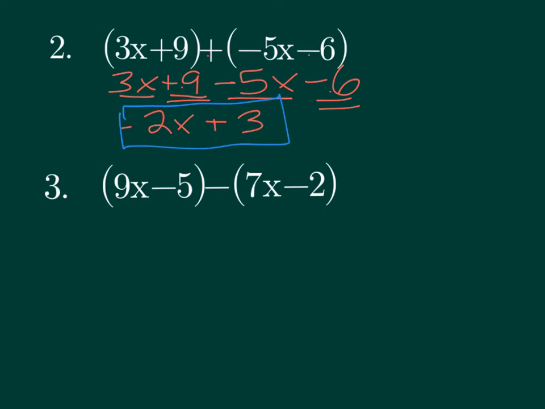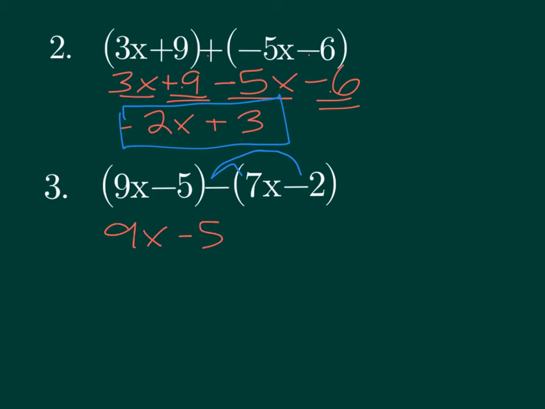Our third problem is different because we have this minus sign here, okay? We have to think about what we're going to do with that. Well, we have to distribute the negative. We have to give it to everything inside the parentheses. So if I'm going to rewrite this, I'm going to keep the 9x minus 5 the same.